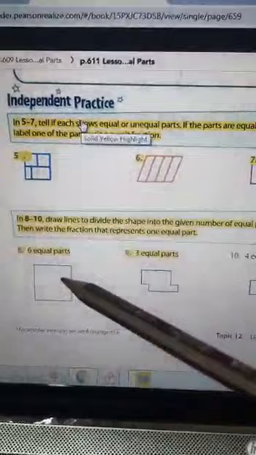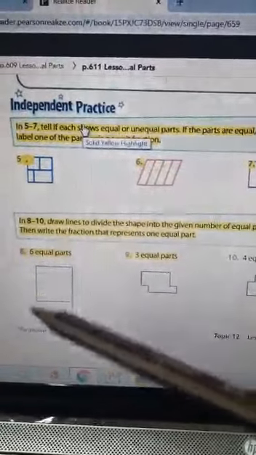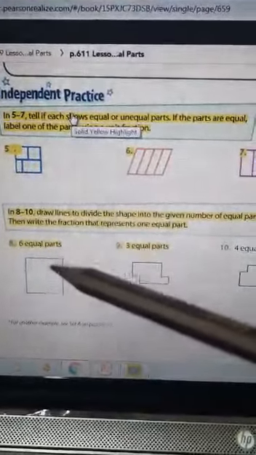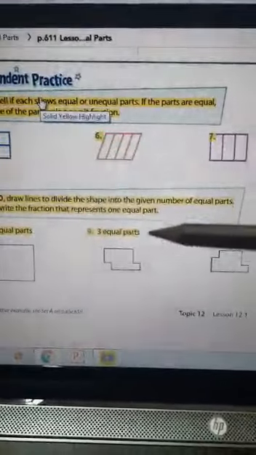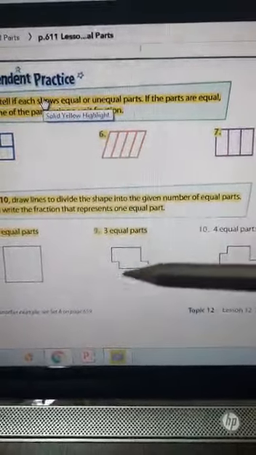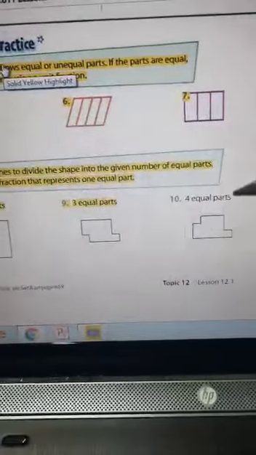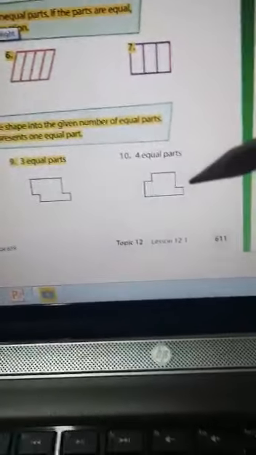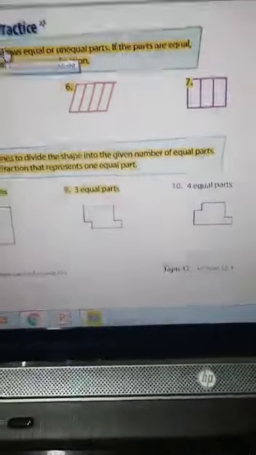You can choose the way, but they should be equal. Then give me the unit fraction you have now. Also here, they want 3 equal parts any way you want. Then write the unit fraction. Here also, 4 equal parts, you will divide into 4 equal parts any way you want. Then write me the unit fraction. I think inshallah it's easy for you.